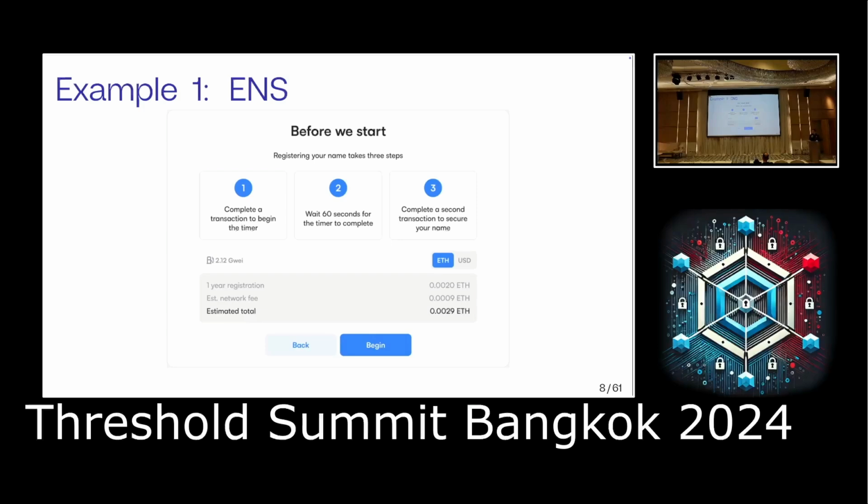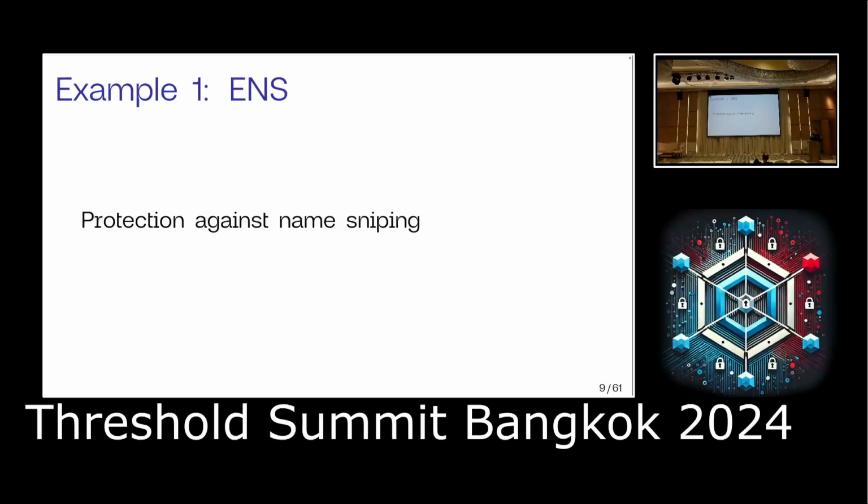And what you get out of that is a protection against someone seeing what name you want to register while your transaction is in transit in what's called the mempool, and taking your name from you by putting their transaction in front of you. So you get essentially protection against frontrunning, which is something we will come back to.